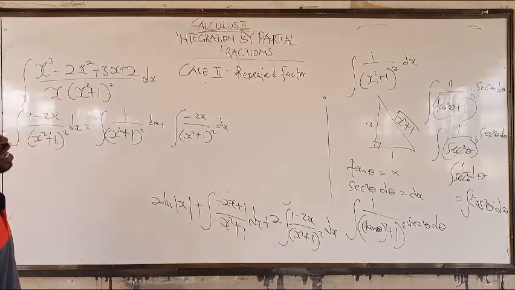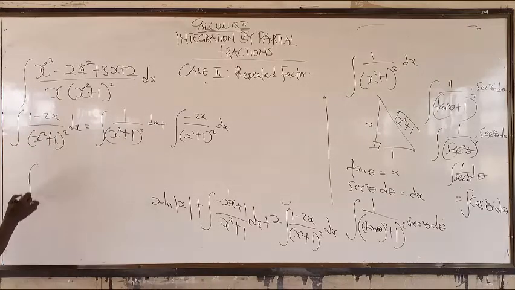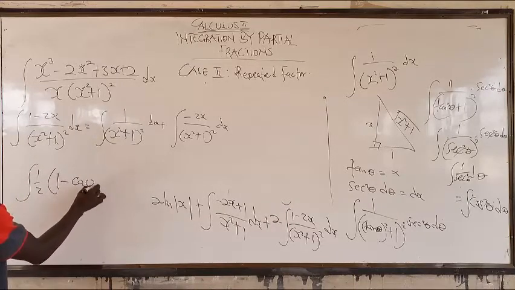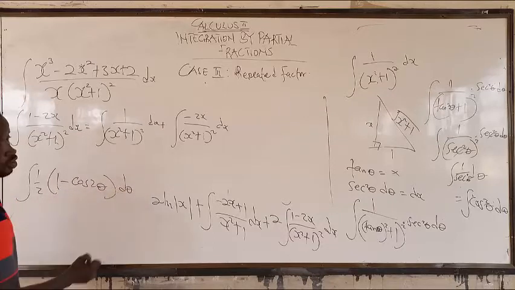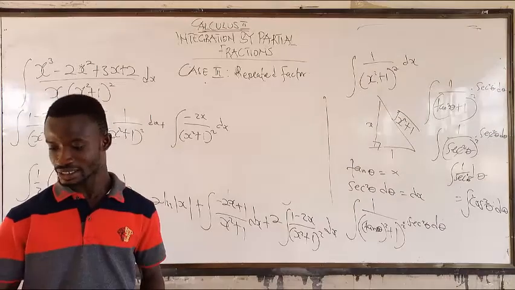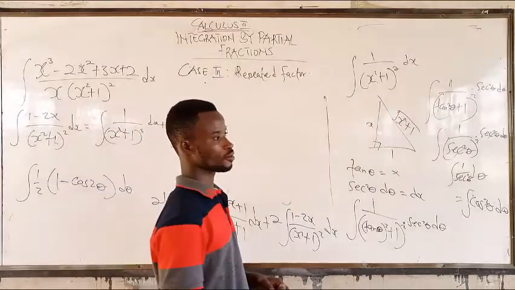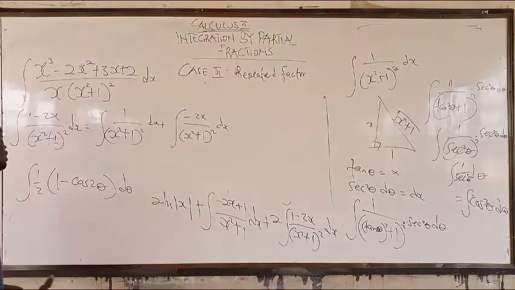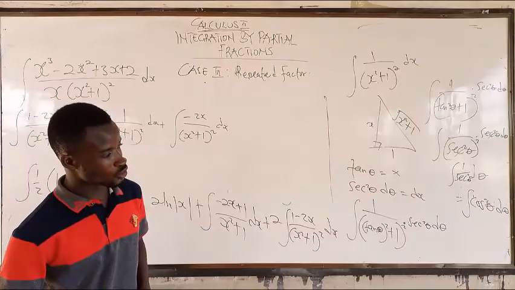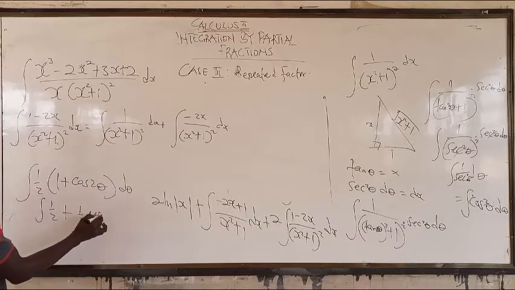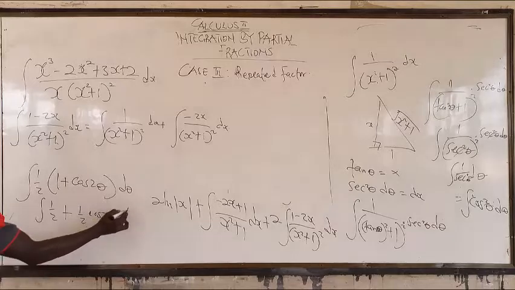When we replace that by the half angle, we are going to get the integral of half times 1 plus cos 2 theta d theta. Oh, so here will be plus. Very good. So now this is half plus half cos 2 theta d theta.